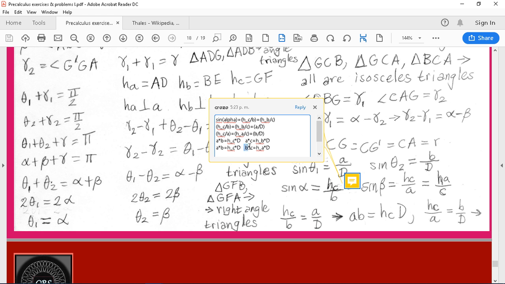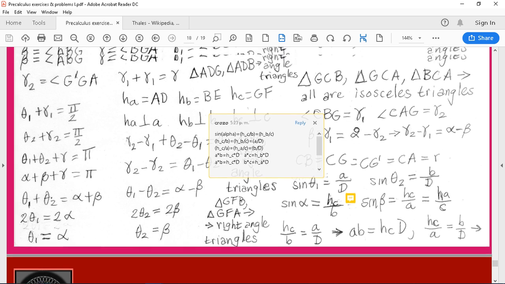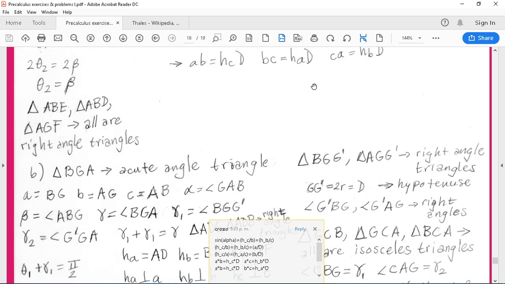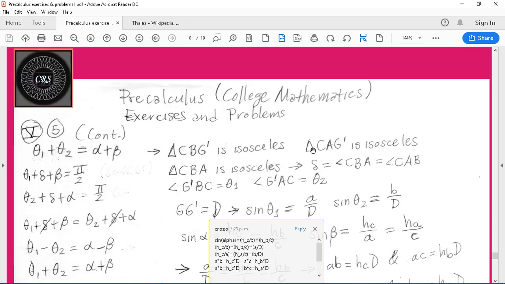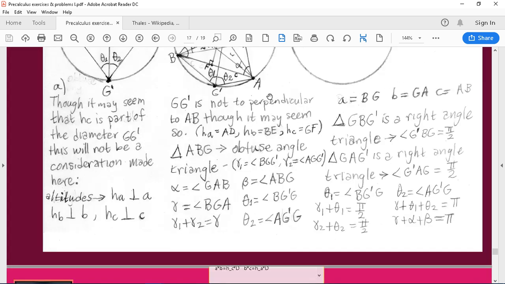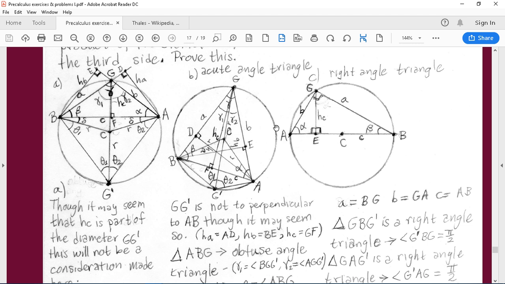And the product of b and c, with the third side being a, will be equal to the height traced to that side, ha, times the diameter of the circle. Okay, so there we have completed the proof for the case of the acute angle triangle.